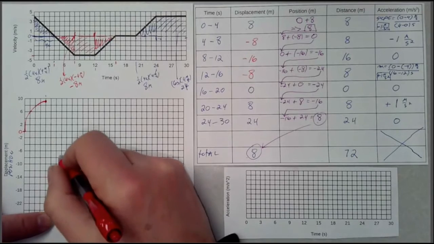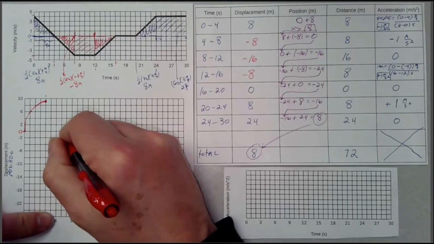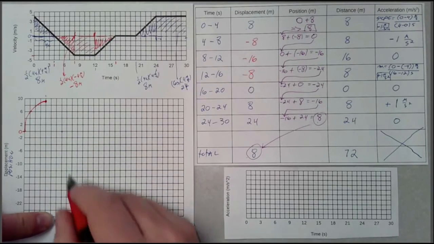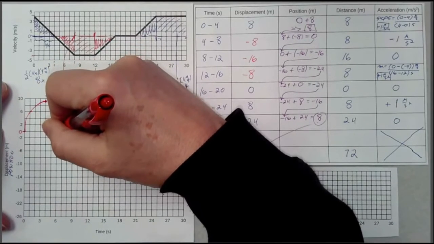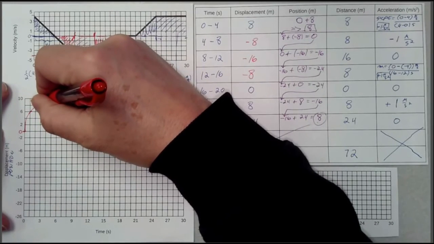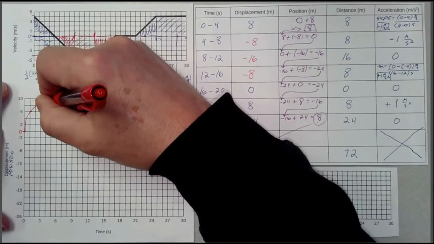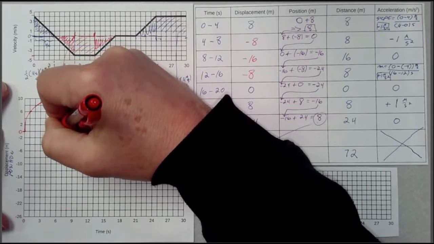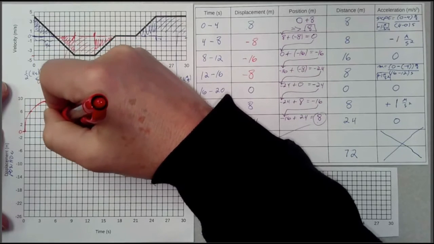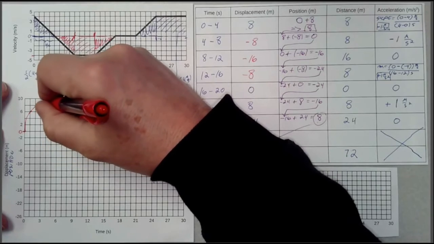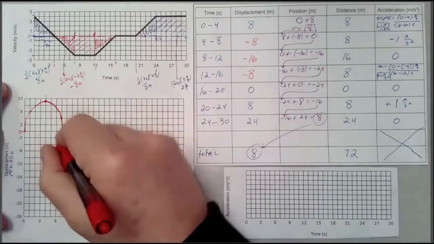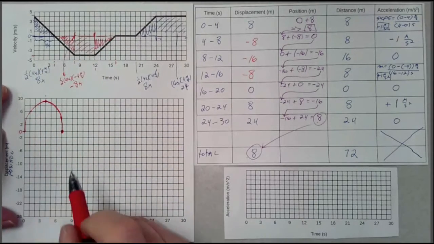So at the end of 8 seconds, it's going to be back to the origin, right? So continue. It's changing direction. Something like that, right? It doesn't have to be perfect on the test, but it has to show what's happening.